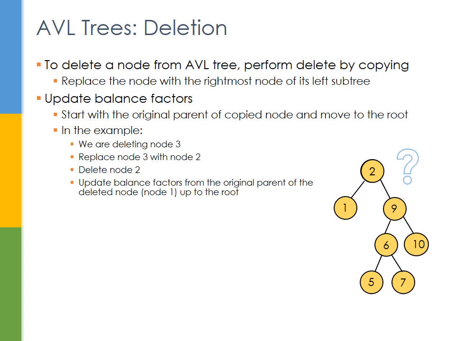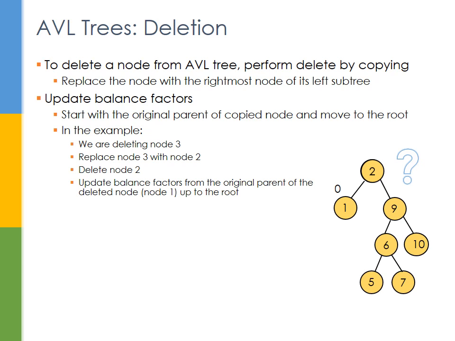So now we need to update our balance factors from the original parent of the deleted node. So node 2 then was a child of node 1, so we then start by updating the balance factor of node 1, and that balance factor then becomes 0 because we have no children under that node.